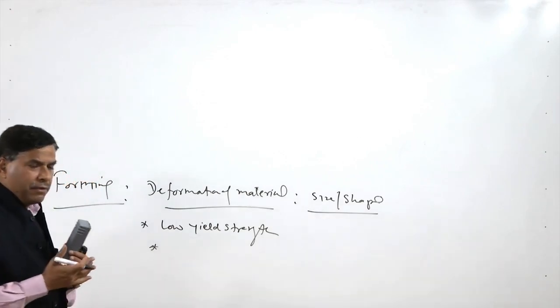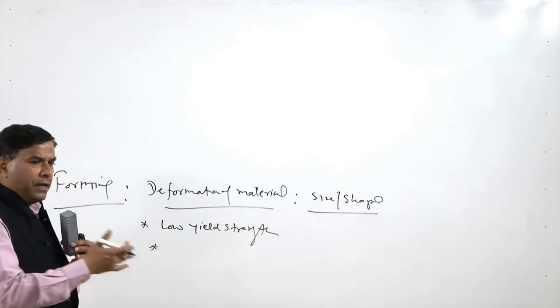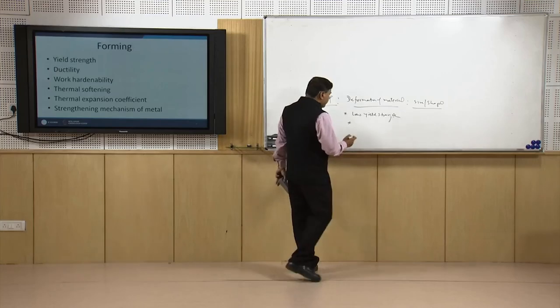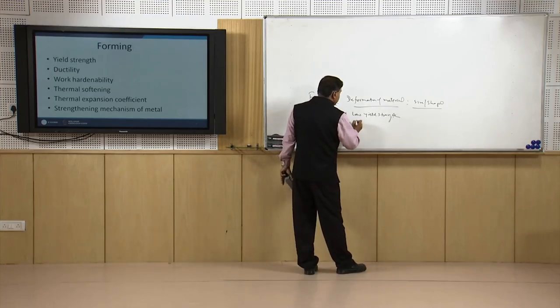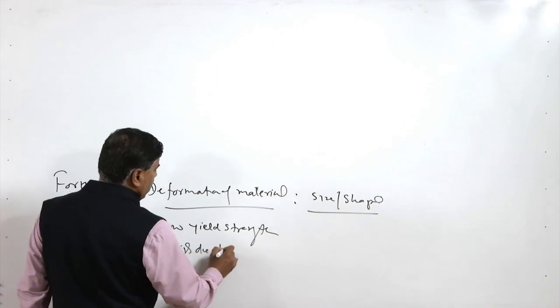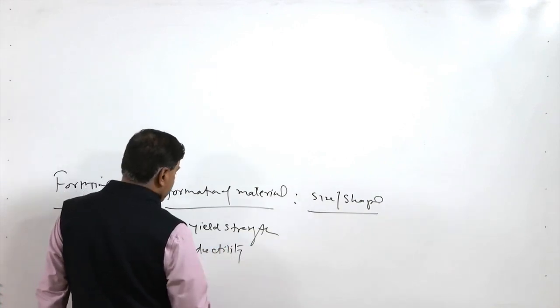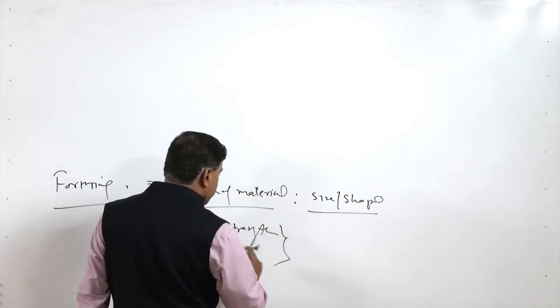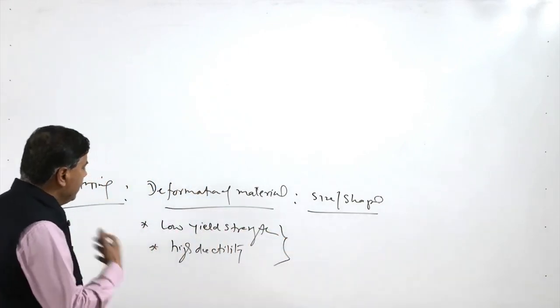At the same time, whenever the material is deformed, it should deform without developing any cracks, and for that it is necessary that it has high ductility or a high percentage elongation. So, these are the two very important requirements for the material to be processed by the forming process.